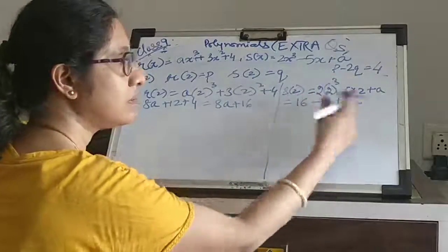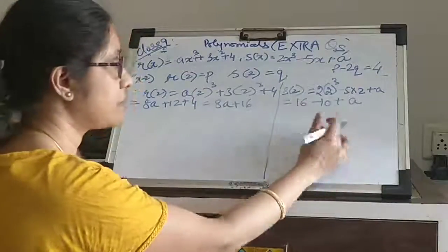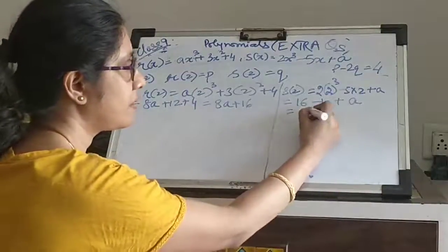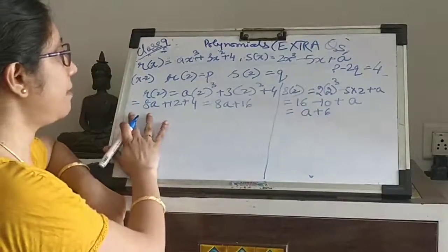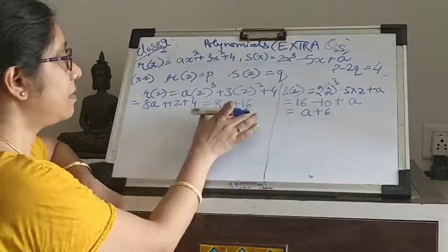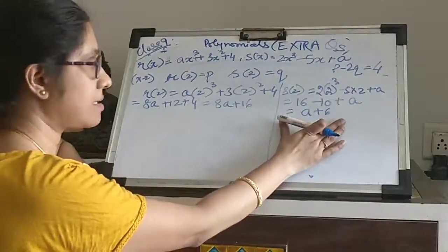this is simple arithmetic operations that you always do. Okay, so the remainder here is 8a plus 16. Remainder here is a plus 6.